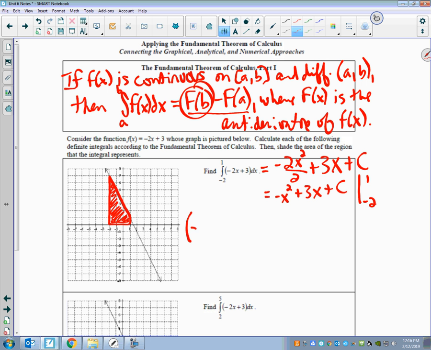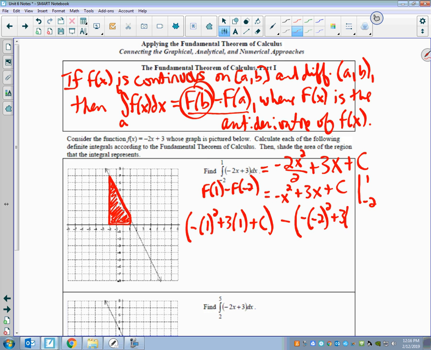So that's negative 1 squared plus 3 times 1 plus c. And I'm going to subtract, because I'm doing capital F of 1 minus capital F of negative 2. And I'm going to use parentheses here. Negative of negative 2 squared plus 3 times negative 2 plus c.